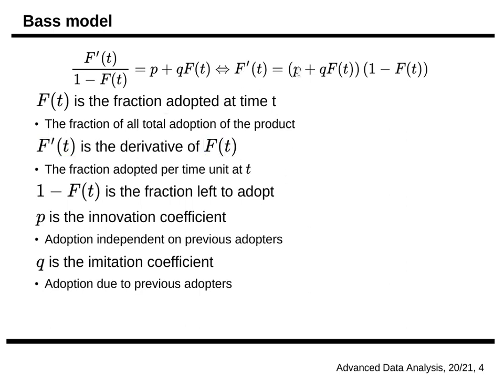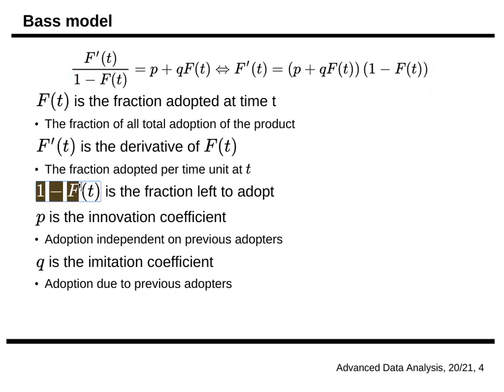So the derivative is this expression here, where p is the innovation coefficient. So people wanting to try the product just because they see the ads or because they think it might be fun or something like that. q is the imitation coefficient, so people wanting to try the product because they see others using the product, and the effect here will be proportional to the fraction of adoption already.